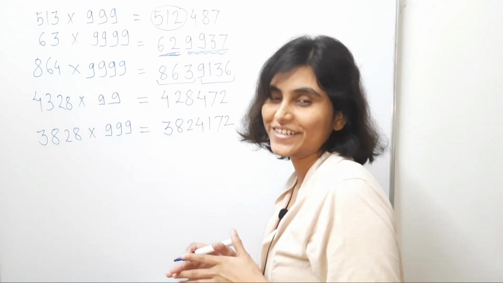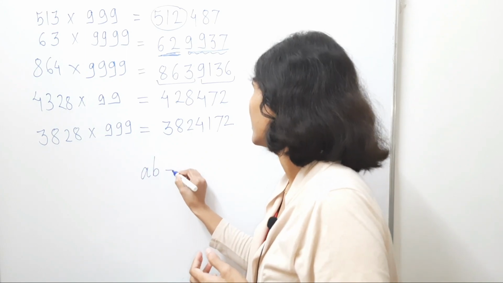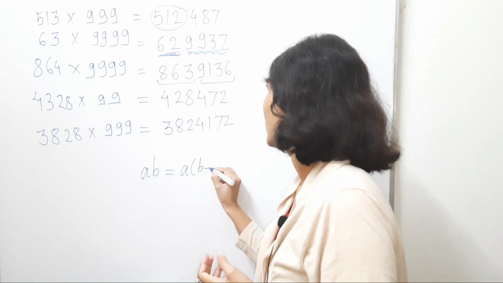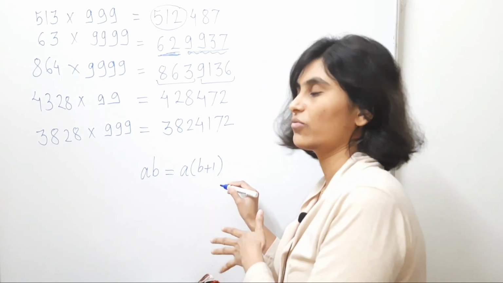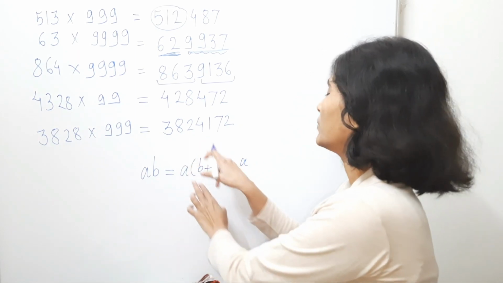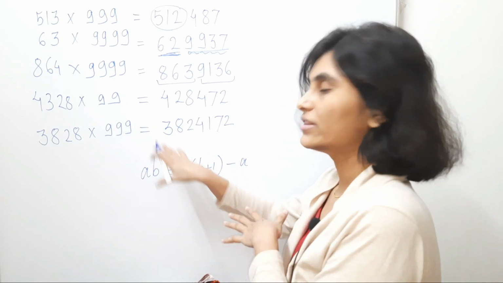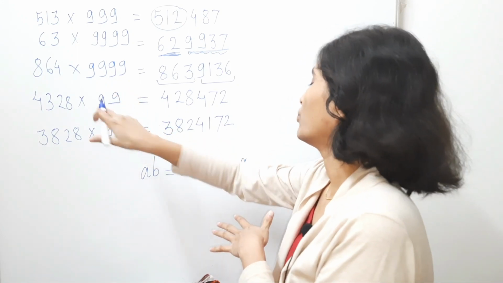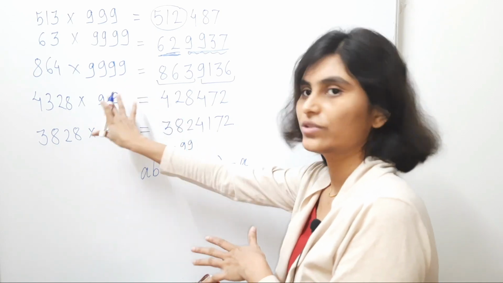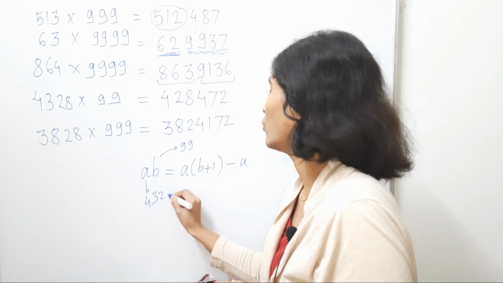So there is another trick for these kinds of questions, which is AB, that is A times B, is A times (B plus 1) minus A. So when you simplify this, it will be AB plus A minus A, that is same as AB, right? To solve this question, we just have to put B as 99 for the fourth example, and A is 4328.